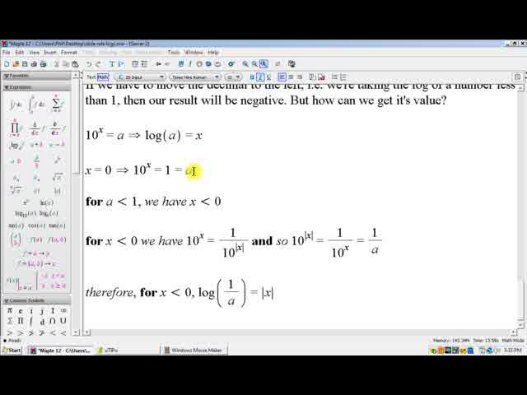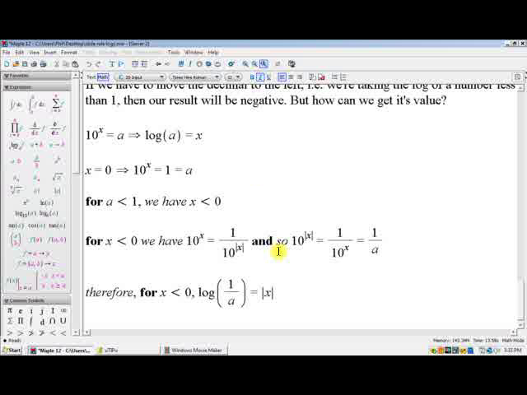And so we have that a is equal to 1 in this case. Well, what happens if a is less than 1? Well, that means we have negative x. So for negative x, we have that 10 to the x is equal to 1 over 10 to the absolute value of x. Well, that's a property that if you have a negative exponent, it's the same as the reciprocal of the positive exponent.